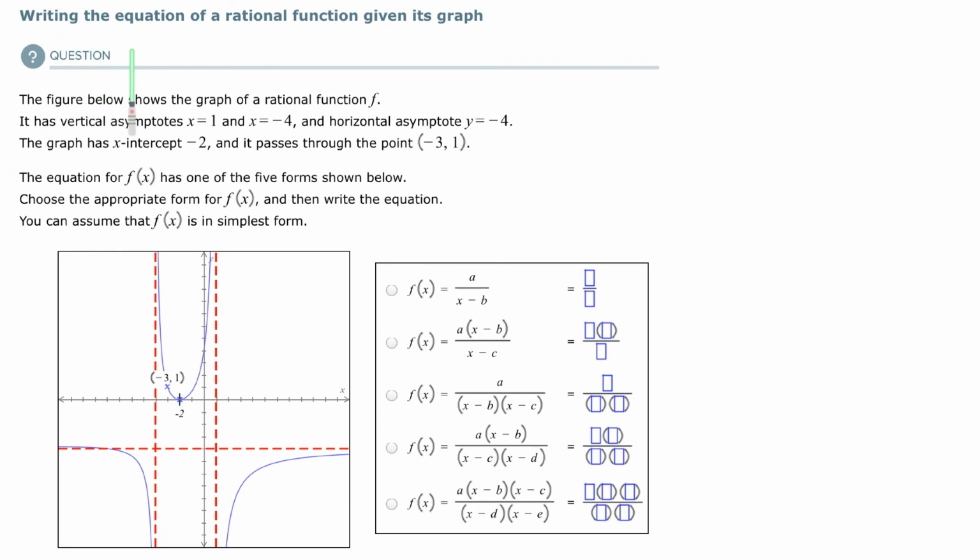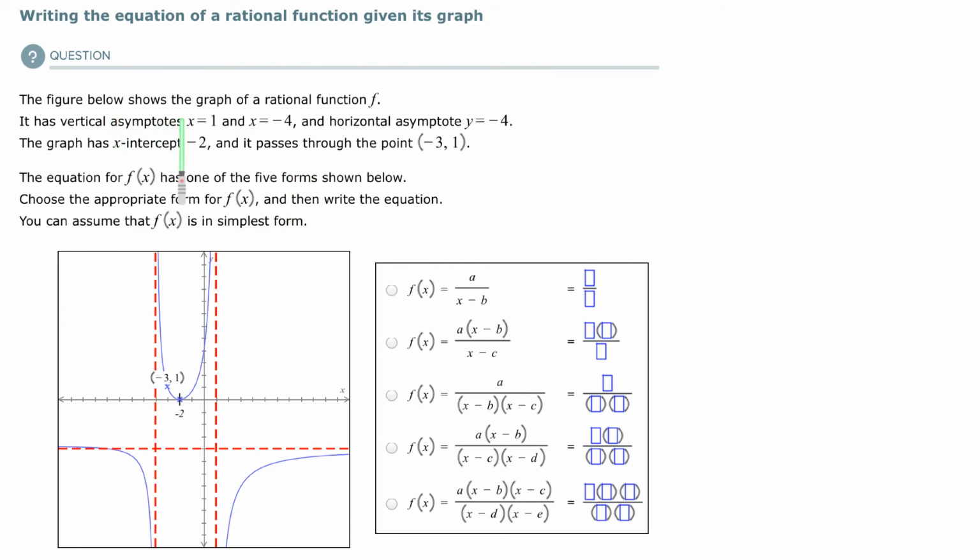So here's writing the equation of a rational function given its graph. This is a very interesting and puzzling problem. So what's going on here is that you're given pieces of information, you're trying to put them in some kind of structure or order, and then with that structure or order, you're trying to yield a result. It's sort of like what scientists and engineers and mathematicians do all the time.